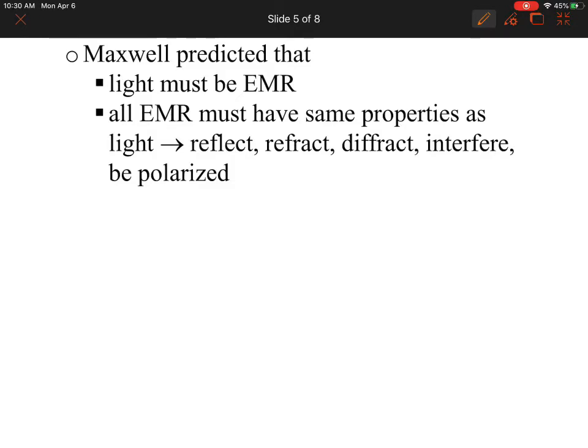And so he figured out, oh, well, all EMR must have these same properties because light can reflect, it can refract. Basically, this all has to do with the bending of light. We know light has to be a wave because it bends in a way that a solid object doesn't, right? Think about water waves.